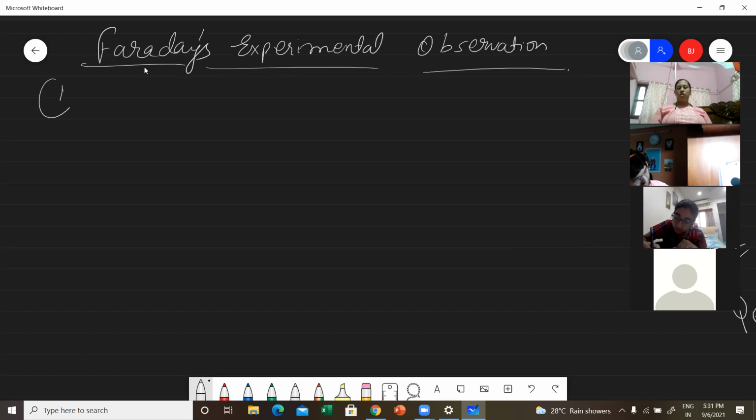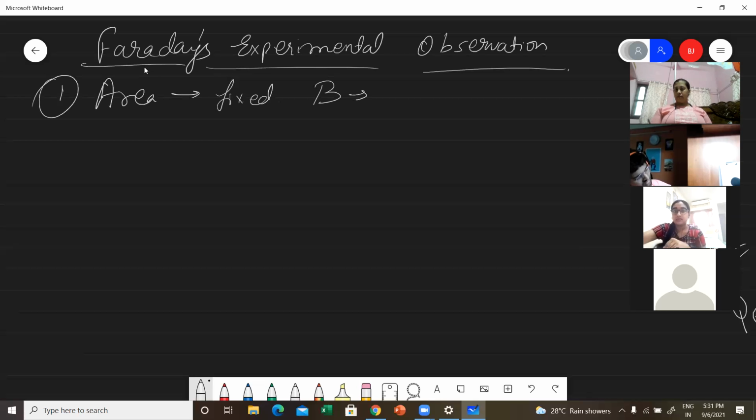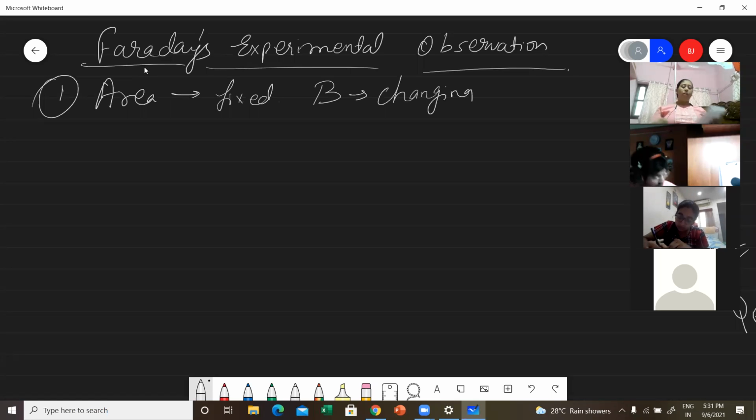In the first situation, he fixed the area and just changed the magnetic field, increasing or decreasing it. If the magnetic field increases or decreases with respect to time, then the current inside the coil will also change.